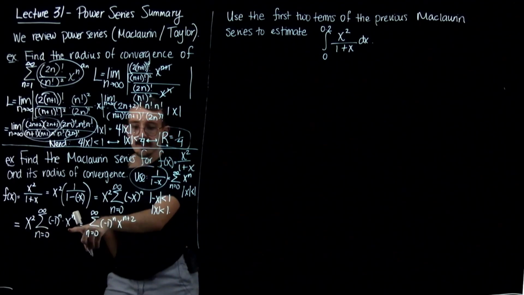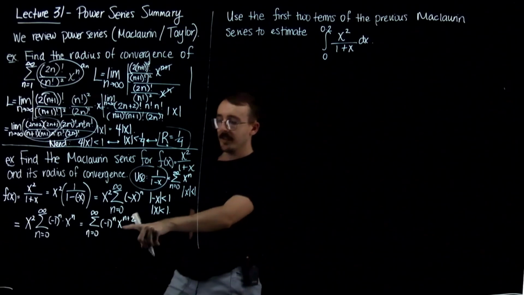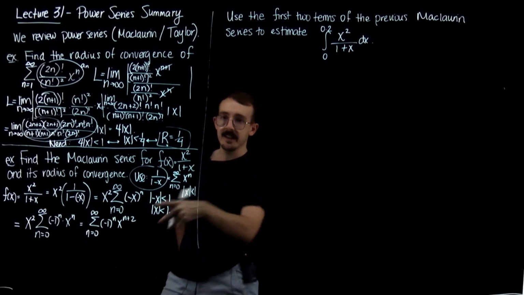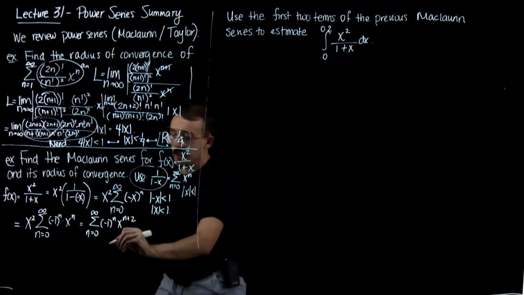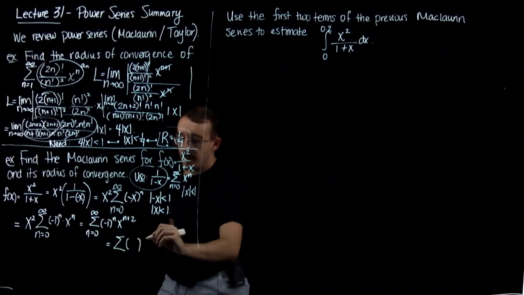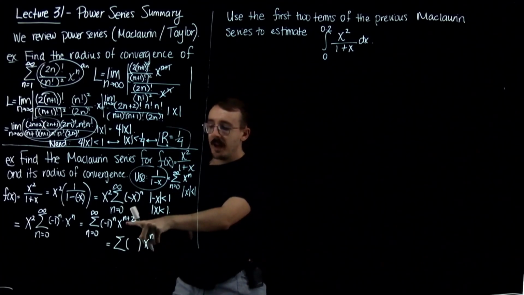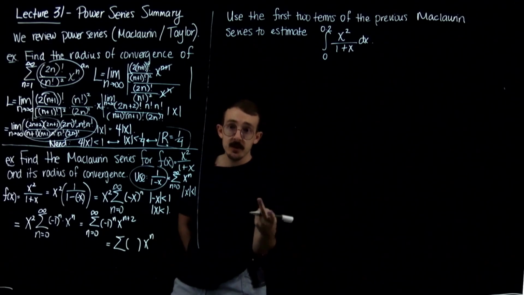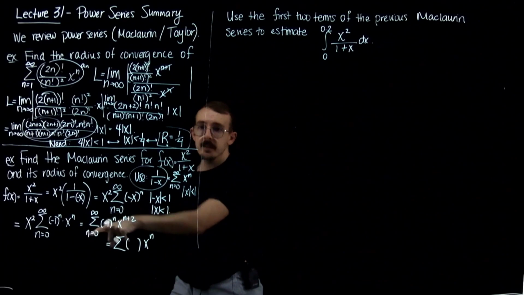Just multiply these inside. However, a lot of power series, what they do is they like to have it of the form x to the n. They like the variable to have just n for the power. So we're going to do an index shift. So I'm going to have x to the n instead. And if I went from n plus 2 to n, I subtracted 2 from the index, which means I'm going to need to add on 2 to my summation index.